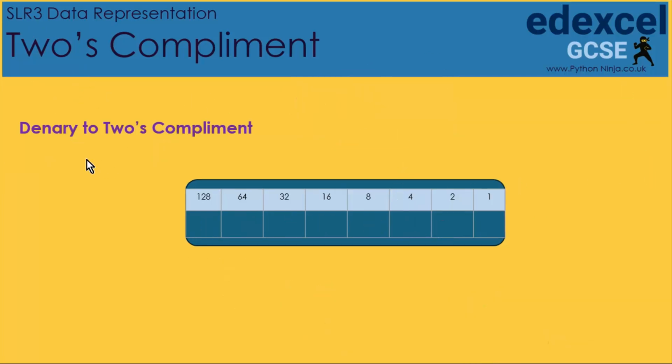In a moment we are going to do some questions, and you are going to convert a denary number to a signed integer binary number using 2's complement. But before we do that, let's just look at a positive denary number. If we've got a denary number of 7 and we need to know what the signed integer binary number is for that, well, we do this as we would with an unsigned integer.